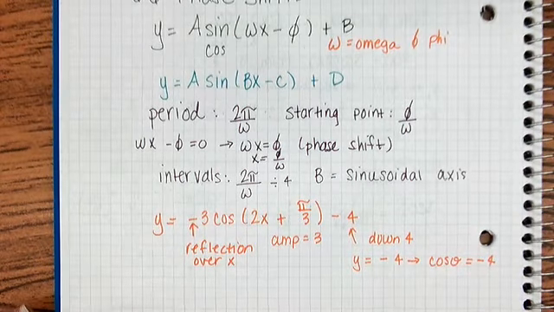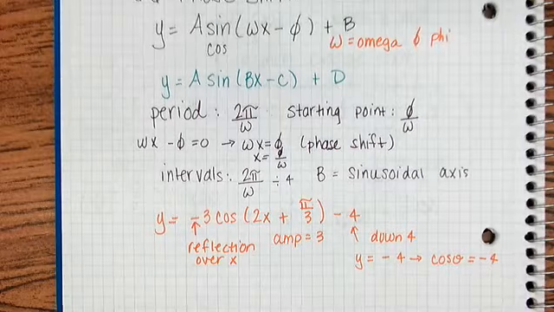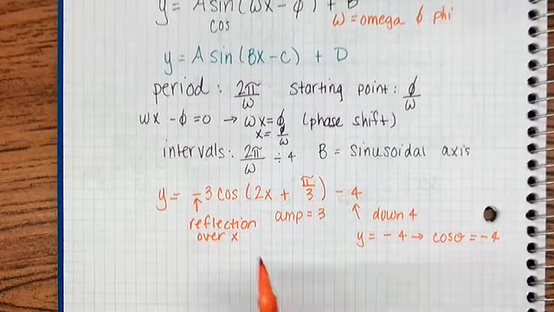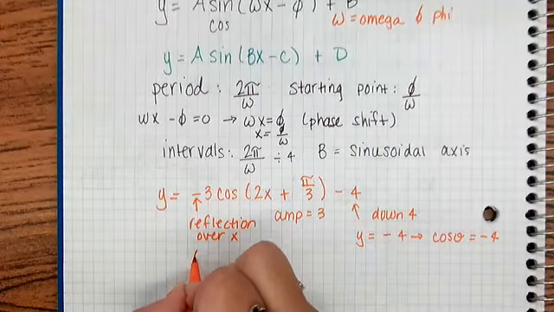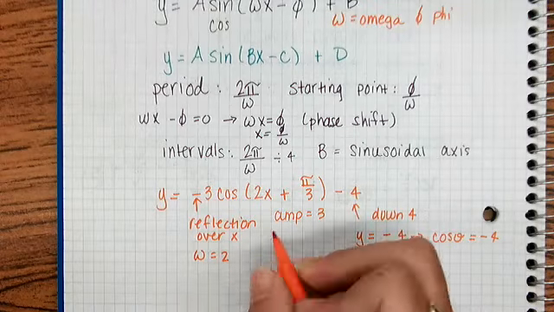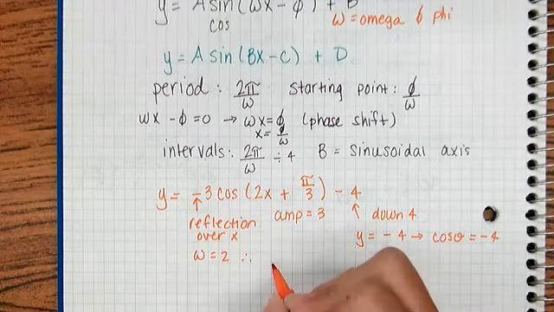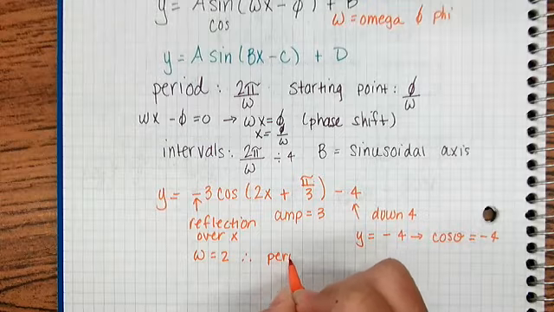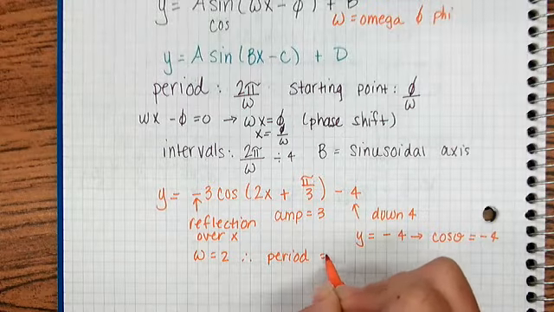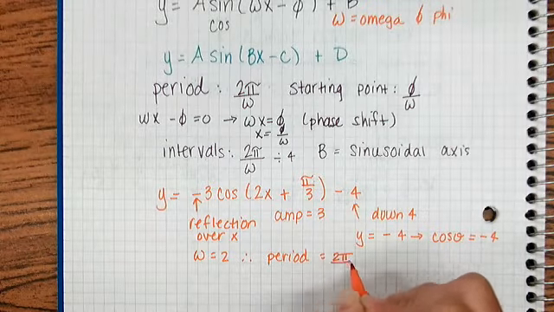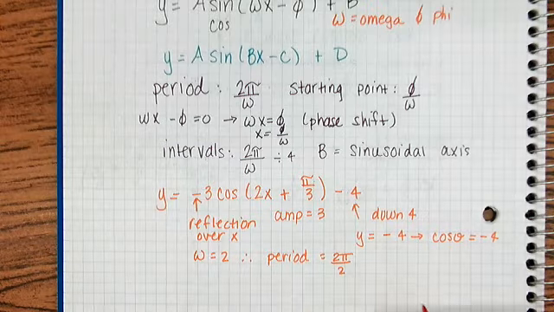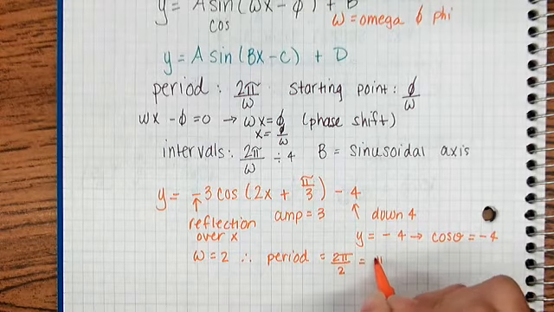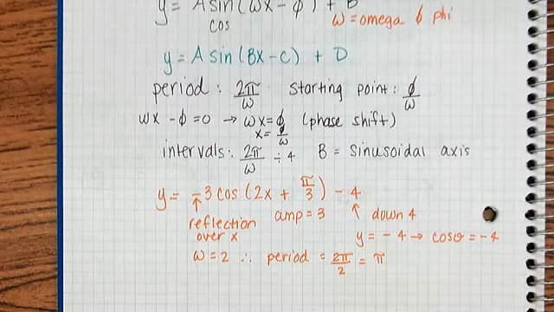Okay, so let's look at omega and let's look at phi. Omega is 2. Therefore, the period is 2 pi over 2, which is pi. I think I misspoke.